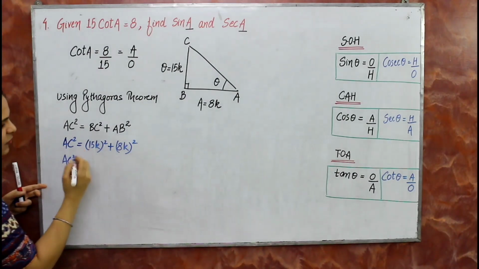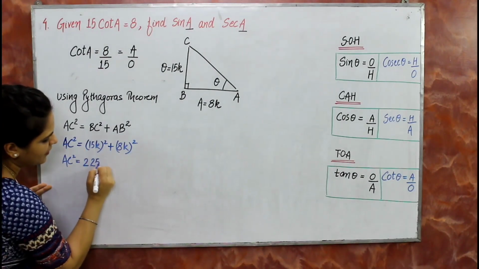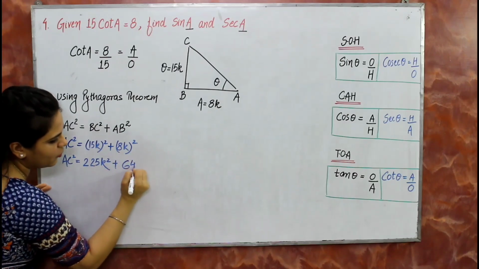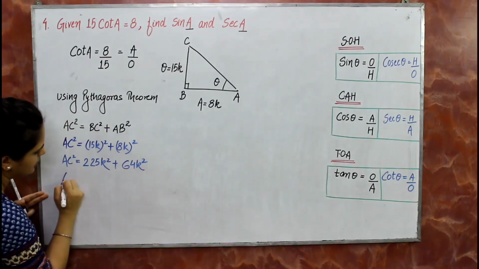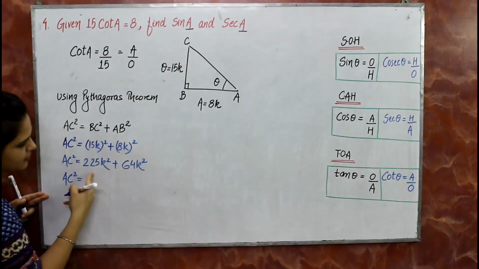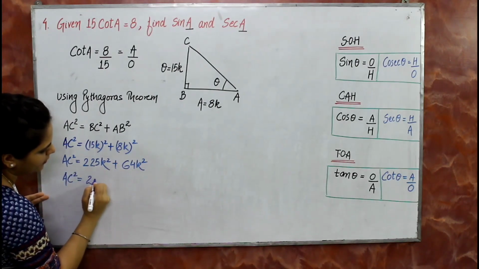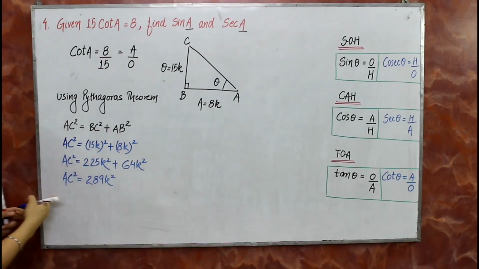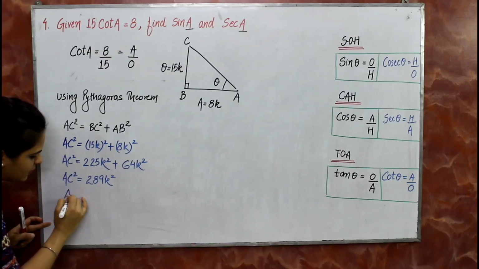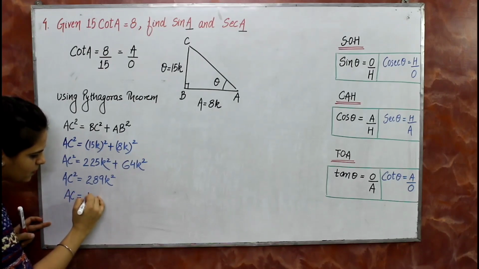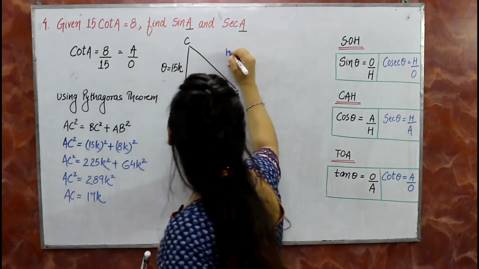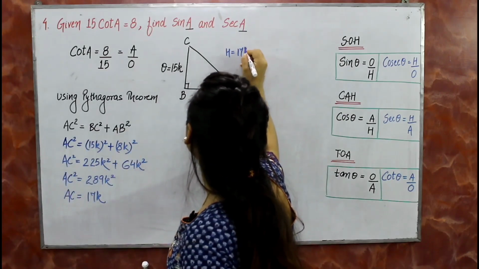AC square, square of 15 is 225k square. Square of 8 is 64k square. So AC square is equals to 289k square. By taking square root on both the sides, you will get the value of AC, which is equals to 17k. So that means our hypotenuse is equals to 17k.